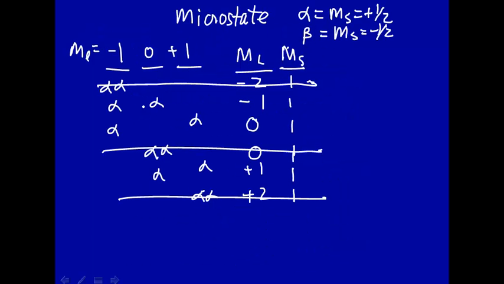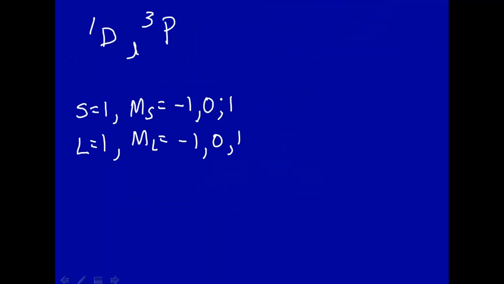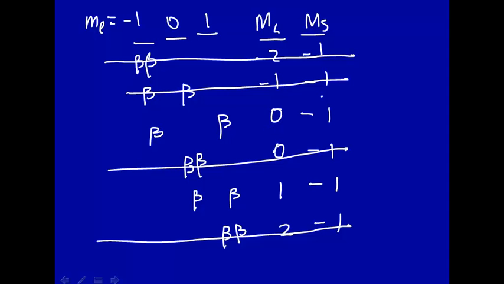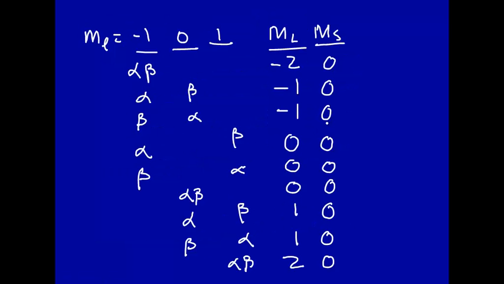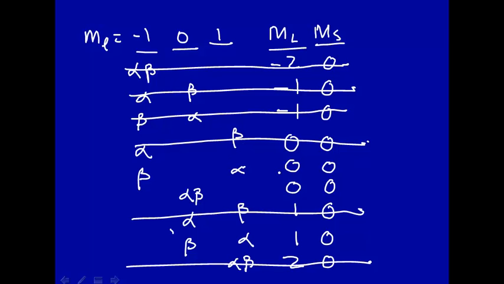And here, M sub L equal minus 1 with a 1. So we crossed out M sub L equal minus 1 with those 3. Let's look at M sub L equals 0 with M sub S equal minus 1, 0, and plus 1. We're looking for M sub L equals 0. There's an M sub L equals 0 and a minus 1. M sub L equals 0 and a 0.